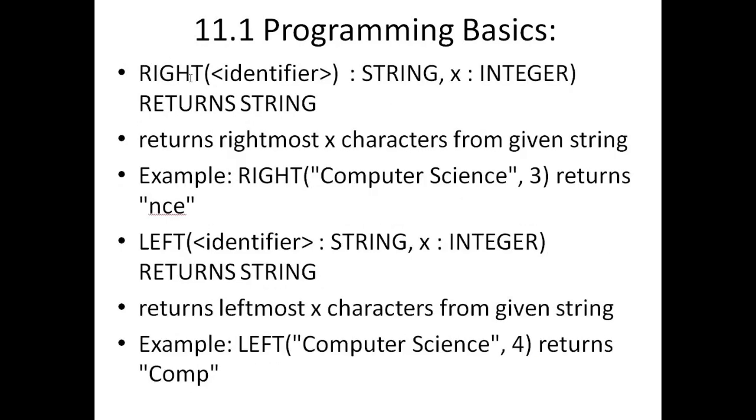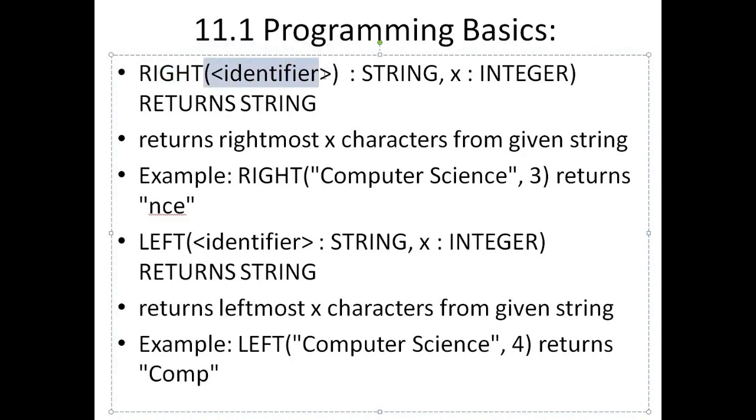Then we have the RIGHT function. Whatever identifier you provide to it inside the parenthesis, it would extract some characters from that string. It basically returns the rightmost x characters from the given string.